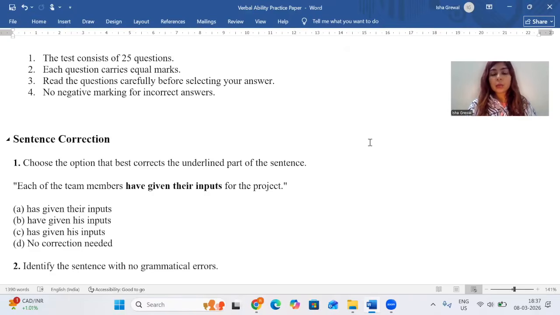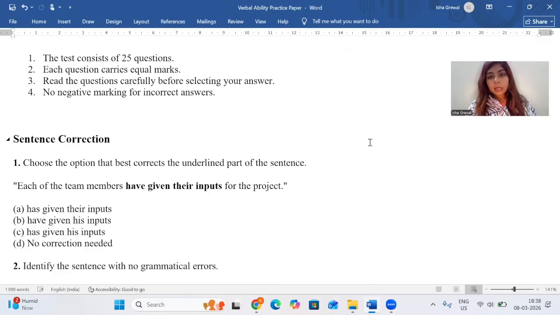But a sectional cutoff is there. It doesn't matter even if you have solved all the questions of QA or LR, the section of verbal ability needs to be qualified. It is important to meet the sectional cutoff, otherwise you will not be able to qualify the written test.